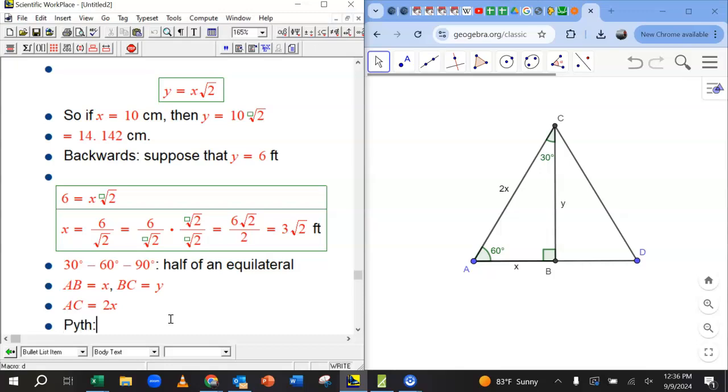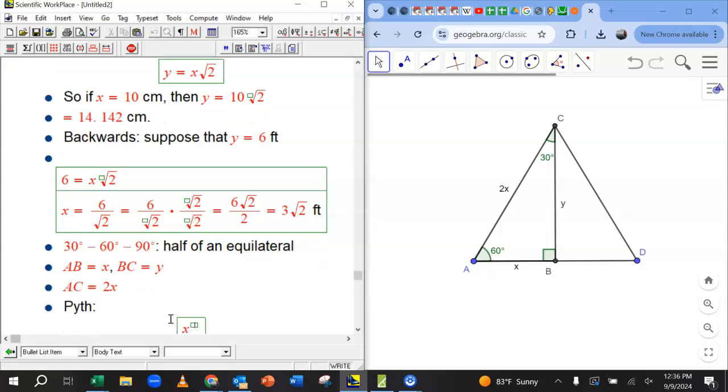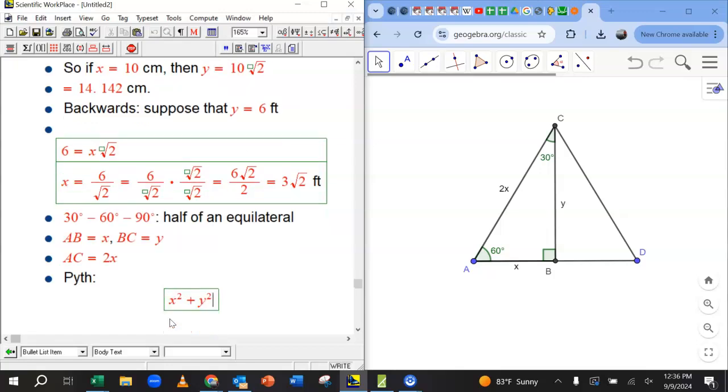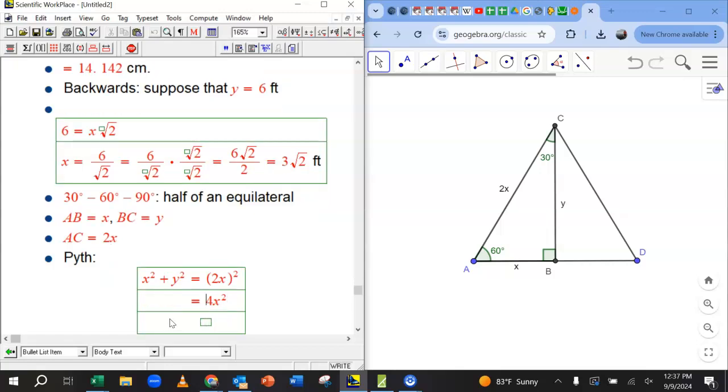We use Pythagoras again, and we say that X squared plus Y squared is equal to the quantity 2X squared. Notice crucial parentheses there. We double X and then we square it. So easy thing to get wrong. And so I'm just going to rewrite that as 4 times X squared, right? That's 2 squared times X squared. Crucial algebra stuff. Okay, and so now let me just subtract X squared from both sides.